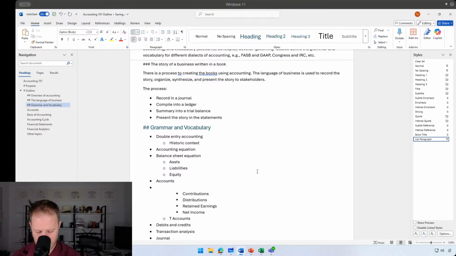And then equity, account types, or categories.